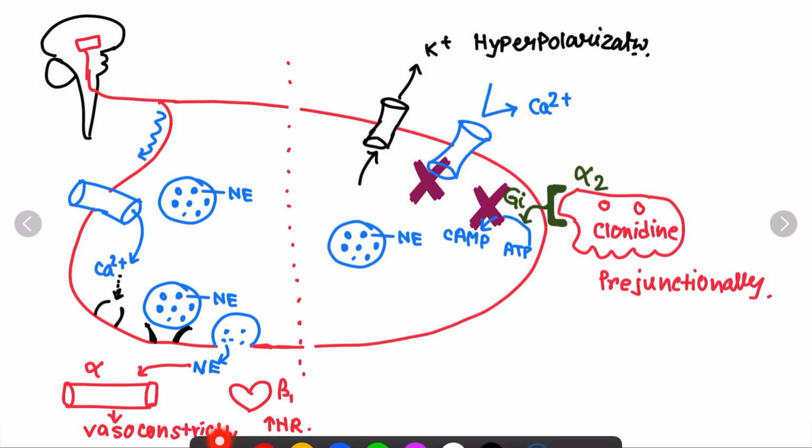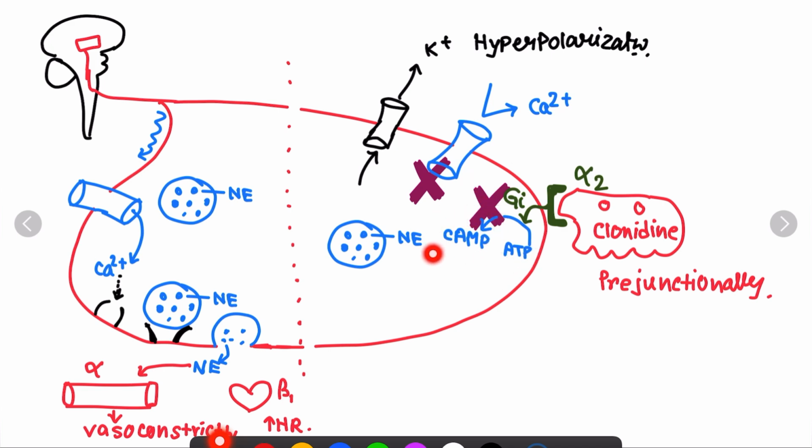Okay, so this is the normal, but you need to understand what is actually happening if we use clonidine. Clonidine is acting via the alpha 2 receptor presynaptically. Look here, in the vasomotor center it was acting post-synaptically, whereas in the nerve endings it acts presynaptically. Via the G inhibitory receptor, it is inhibiting the conversion of ATP to cyclic AMP.